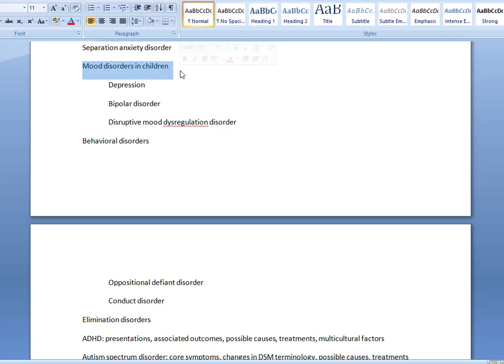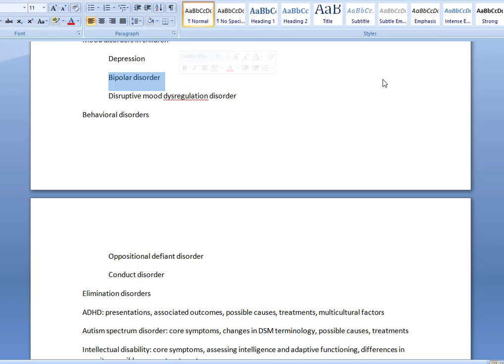We talked about mood disorders in children, about how it is possible for depression to be diagnosed in very young children. It's much more common in adolescents than it is in young children, but it is possible, and adult medications can be prescribed to children at a young age. Bipolar disorder is one that we said in particular is problematic because it's potentially being overdiagnosed in children.